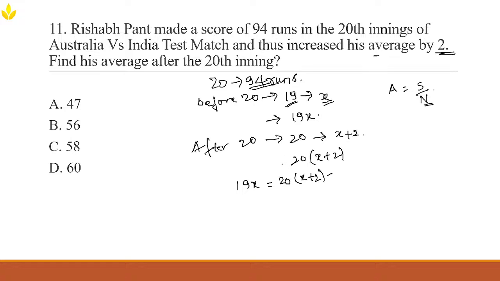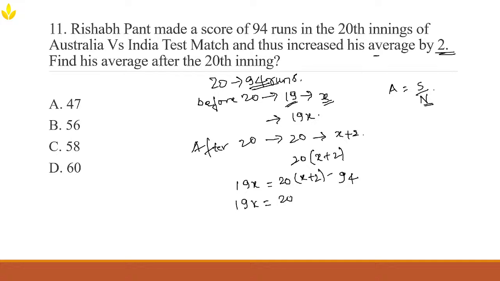Before the 20th innings, the sum is 19x, and after the 20th innings it is 20 into x plus 2. From this, if we subtract the 20th innings run, that is 94, we get the value of x. Then we can find out the average after the 20th innings, which is increased by 2. So let us solve.